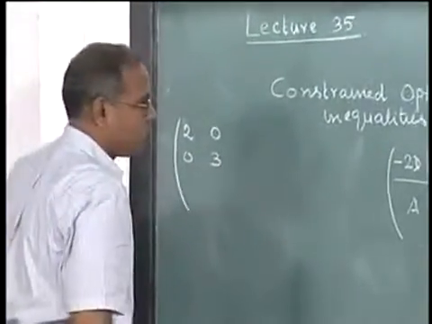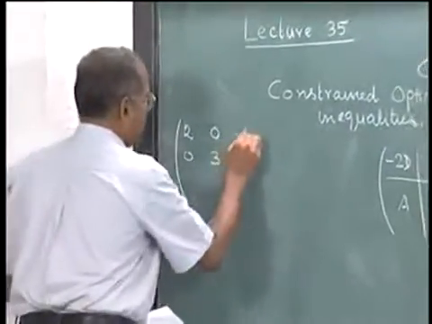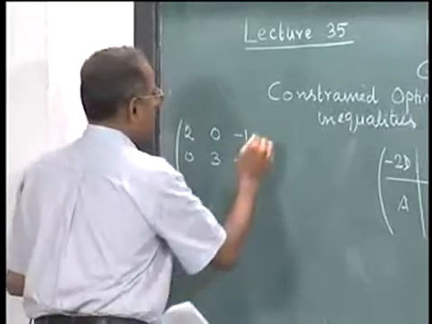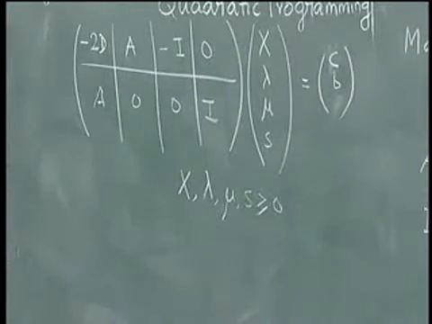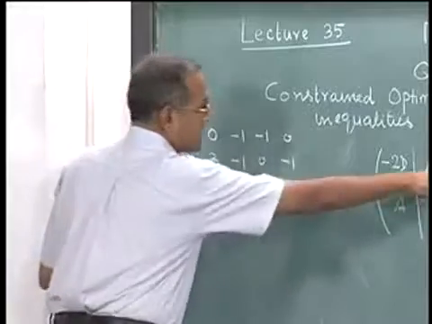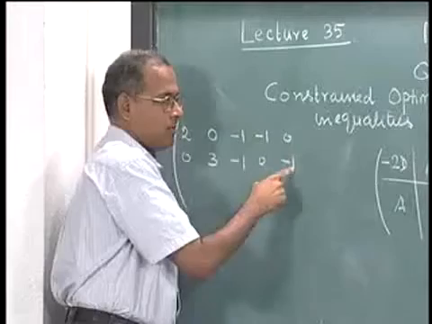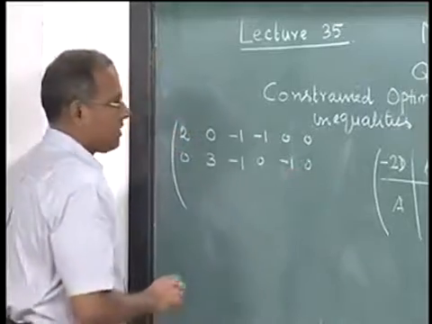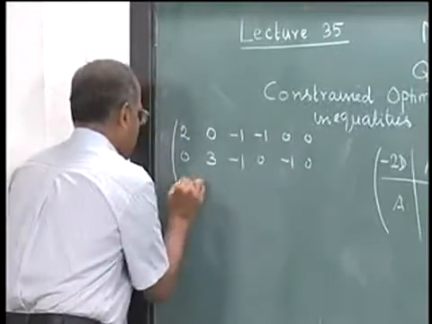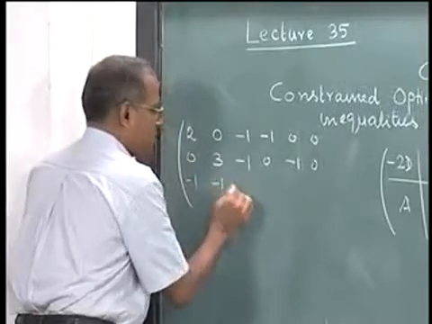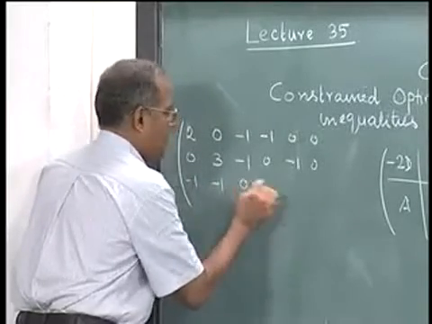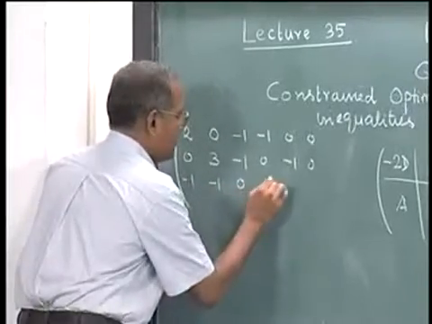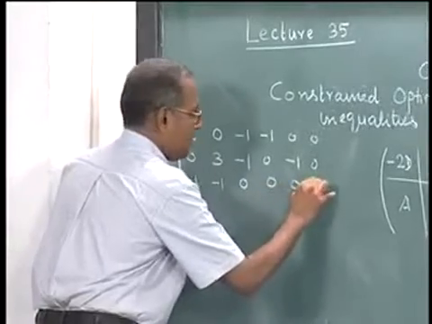A is minus 1 minus 1. I will become minus 1 0, 0 minus 1. So minus I is minus 1 0, 0 minus 1. 0 is 0 0. And the last one will be minus 1 minus 1, which is A, 0, and then this 0 will be 0 0, I will be plus 1.